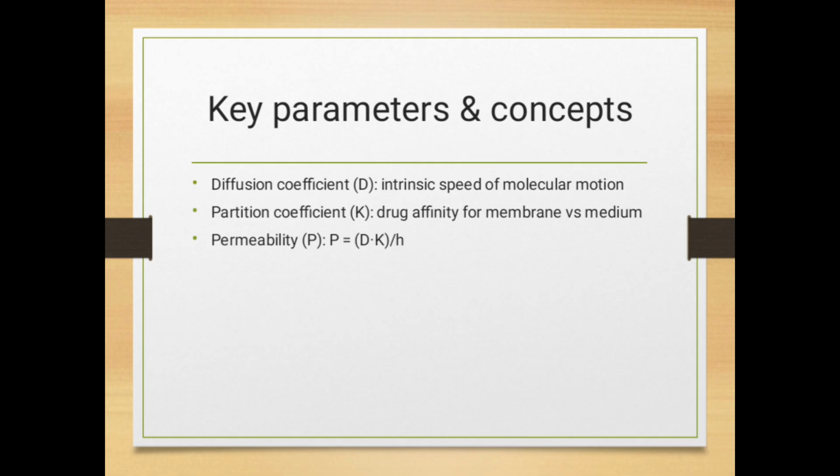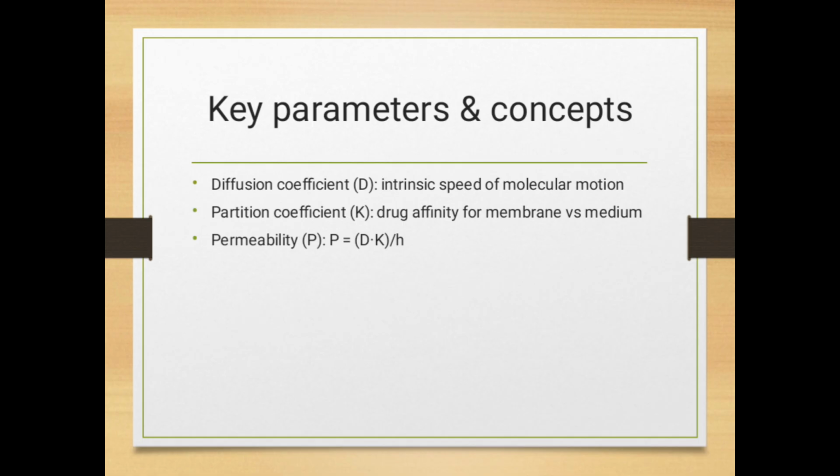Then talking about the next one, that is permeability. It measures how easily a substance can cross a barrier like skin or a cell membrane, right? That is the ease of crossing a particular barrier or wall. For example, if you cover a wall with plastic, less water leaks through it, right?